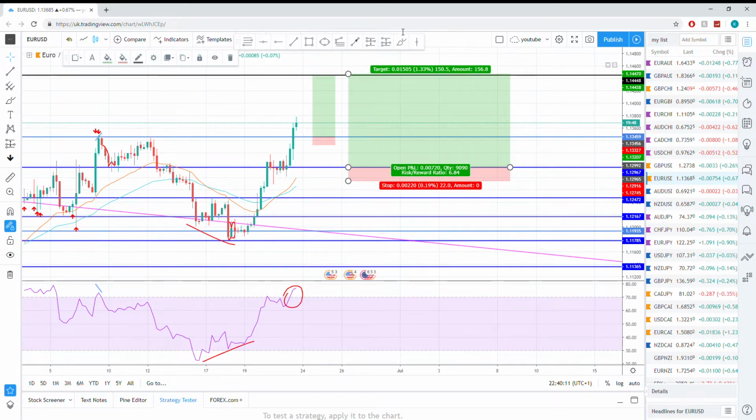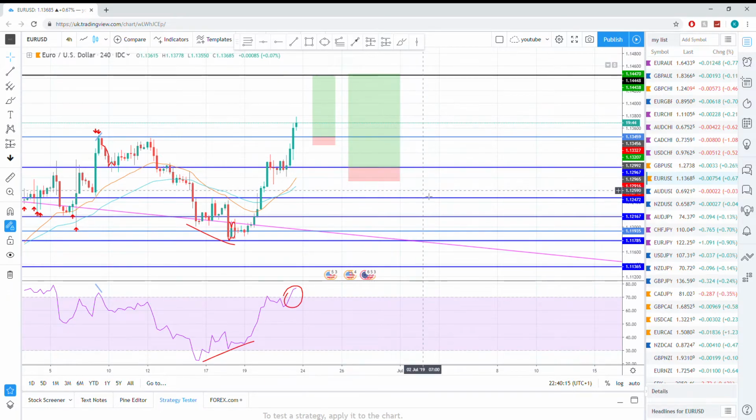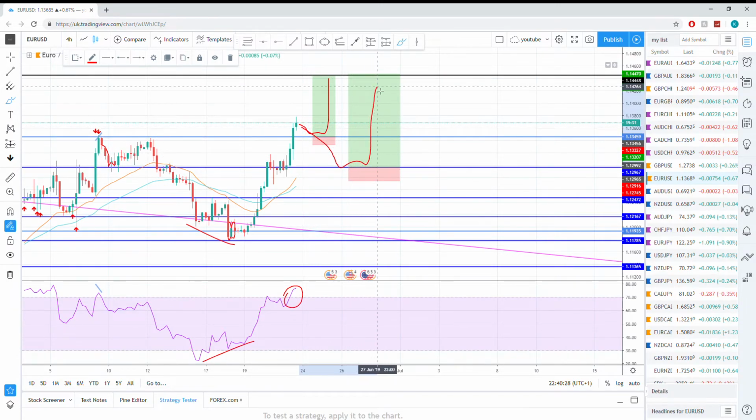Is we get price to come back to this point at 1.12992, and then we get the upside. That is another possible scenario. So something like this, just drawing it roughly. That's the rough estimate of the two scenarios that I'll be looking for upwards momentum.